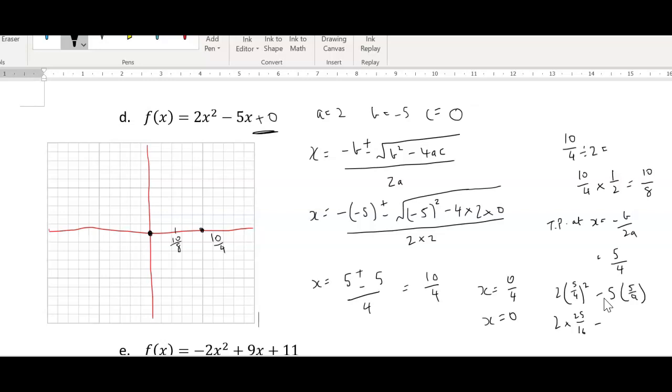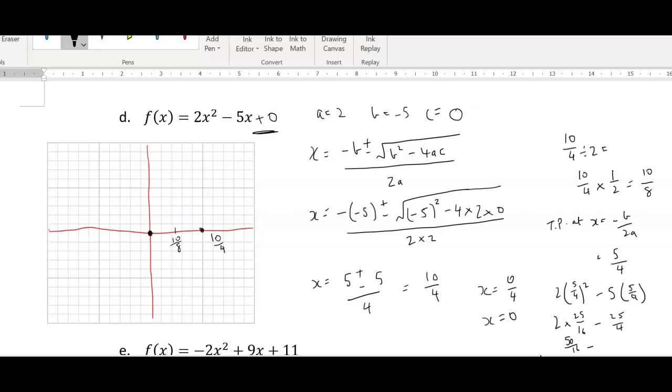All right, 5 times 5 is 25. And then, sorry, we don't need to multiply the denominator, over 4. 2 times 25 is 50. We're going to have 50 on 16 minus 25 on 4.